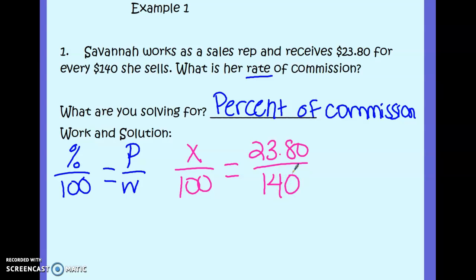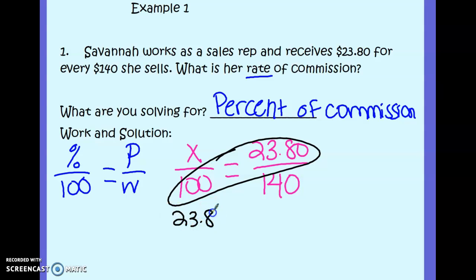We solve this by cross multiplying. I'm going to cross multiply the 100 times $23.80. We got 2,380.